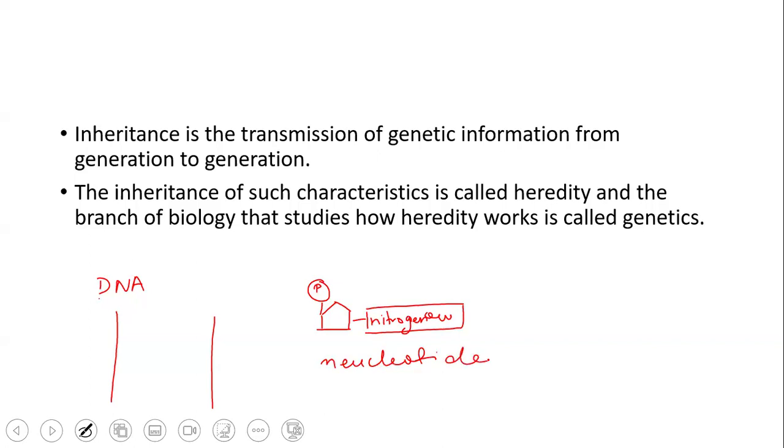Now, it's a Lego piece. What is going to happen is that multiple nucleotides will join together with each other to make a strand of DNA. Okay? Just like that, we get one strand and then we get another strand.